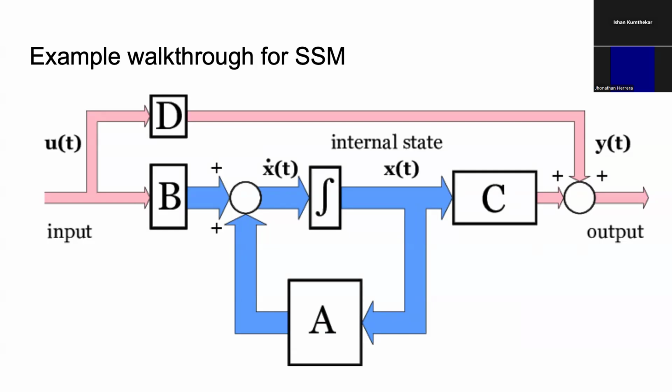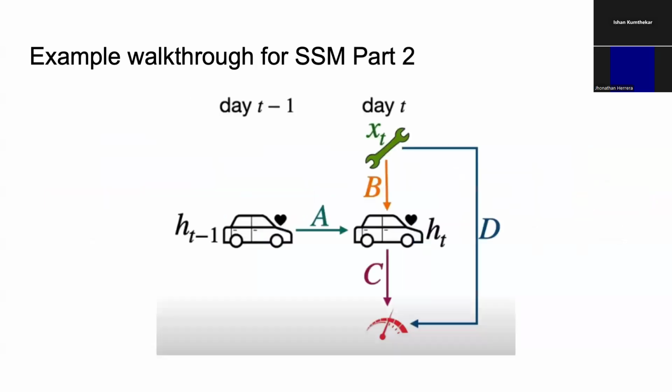A simpler example of this is from a YouTube video. It's a car example. You have a car at state t. You have the input multiplied by the matrix B. Then you get matrix A multiplied by the previous state, which is t minus one.